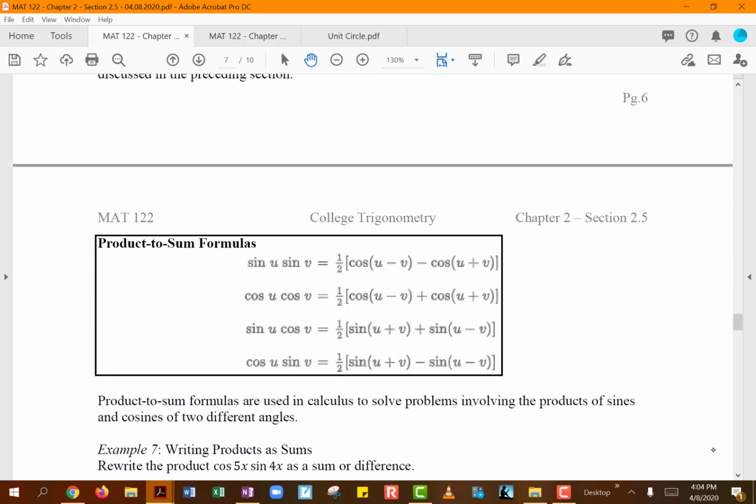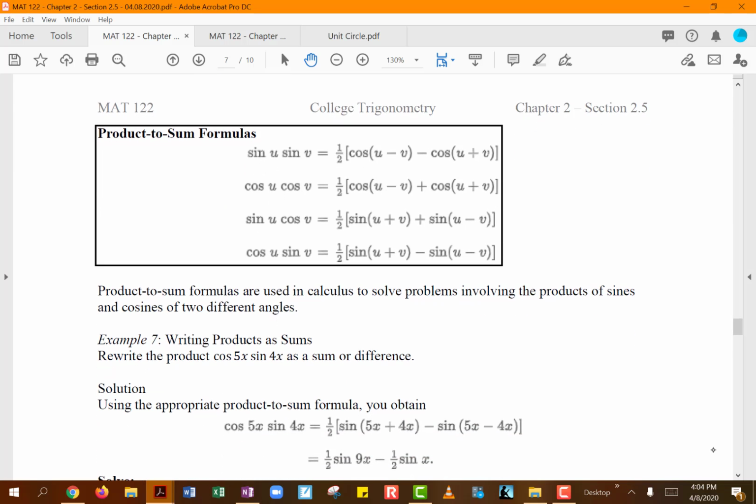So here again are our product to sum formulas. We were originally given a product of sine of u multiplied by sine of v, and now here we are doing a plus or a minus on our functions. You can see all 4 of those functions over here. I'm not going to go through them, but let's see how we can actually use these formulas.